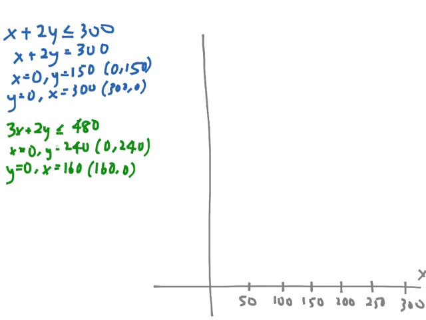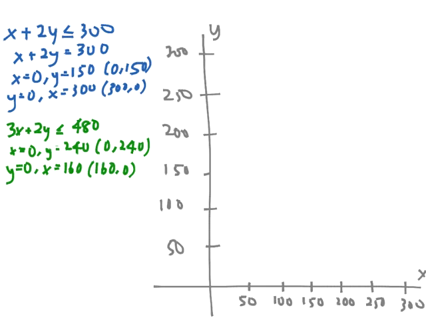And for the y, the highest value is 240, maybe I can use the same gap of 50. So I'm going to use 50, 100, 150, 200, 250 and 300. So this is y.